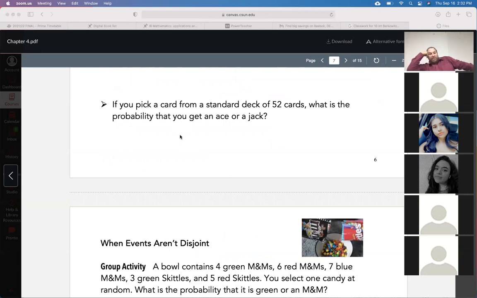A bowl contains 4 green M&Ms, 6 red M&Ms, 7 blue M&Ms, 3 green Skittles, and 5 red Skittles. You select one candy at random. What is the probability that it is green or an M&M?